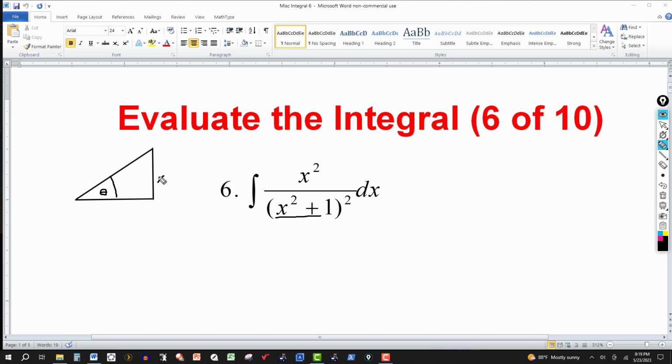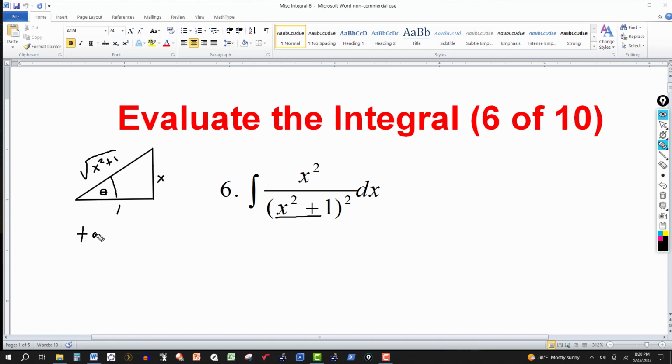Let this side equal x, this side equal 1. So by the Pythagorean theorem, the hypotenuse should be the square root of x squared plus 1.